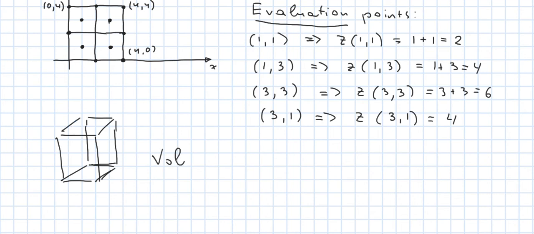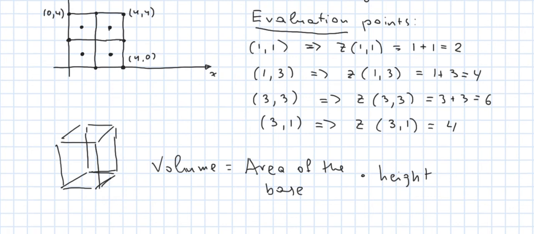Volume of such a prism equals area of the base times height. This is a formula that you may have seen in a high school geometry course.